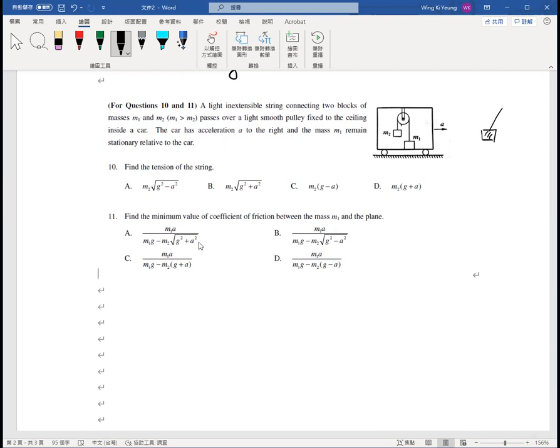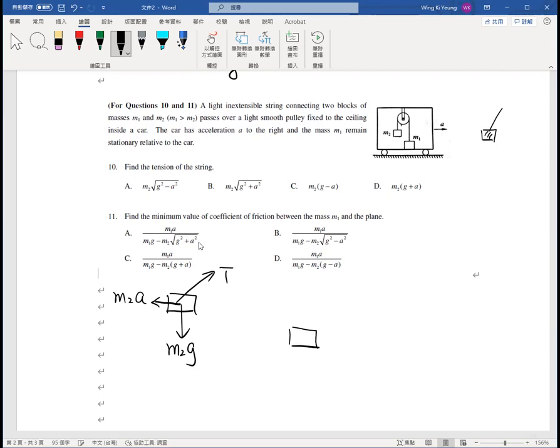Now to draw the free body diagram of M1 and M2, so let me draw here. So there is a tension, there's a weight. And because I consider the reference frame of the car, in the reference frame of the car these two objects are at rest. So we need to add an inertial force on the M2.